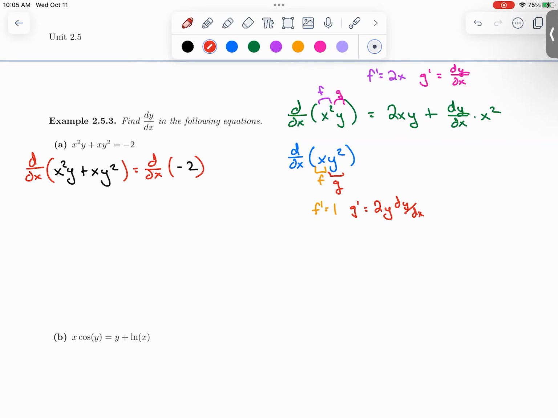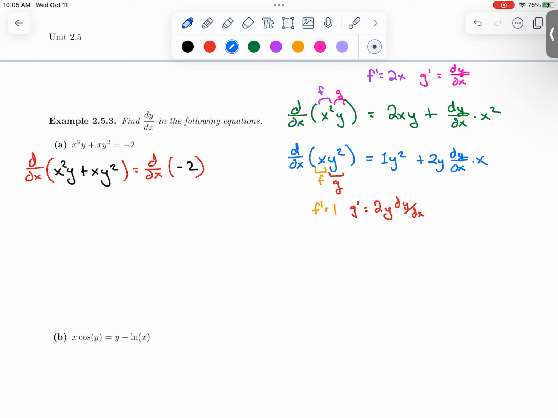So using the product rule here, this would be f prime g, so 1 times y squared, plus g prime, so 2y dy dx times f, which is x in this case.